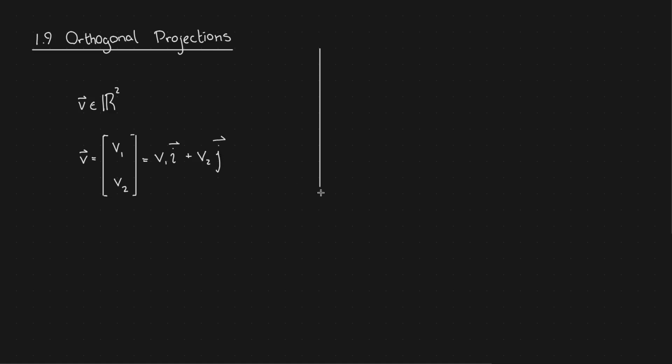So if we graph these, here's the x-axis, here's the y-axis. Remember that i is the unit vector pointing down the positive x-axis, so this would be 1 unit here.